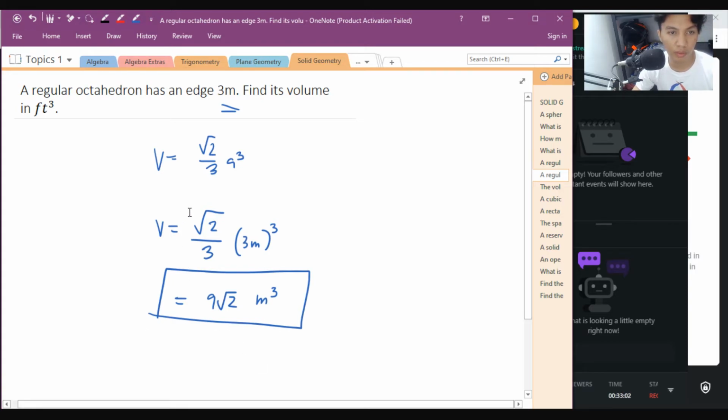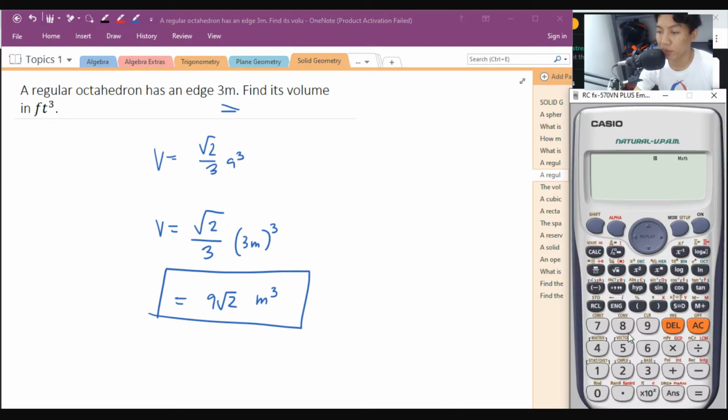In feet cube pa lang hinahanap dito, no? Feet cube. O, di, calculate natin. Square root of 2 over 3 times 9. Square root of 2 over 3 a cube. Para may mali dito.